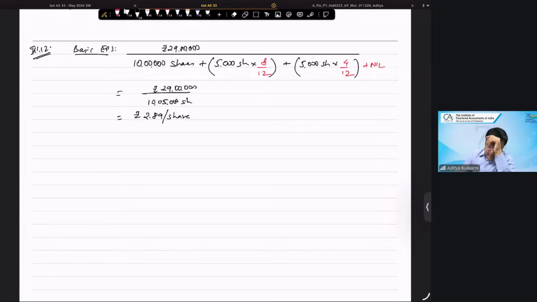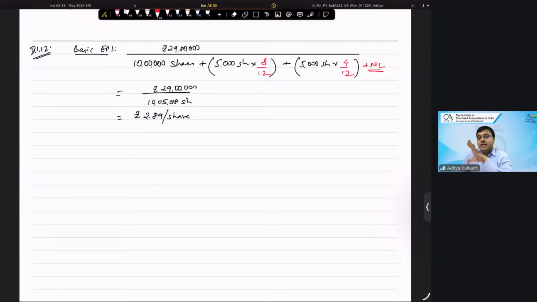Particularly for this nil, I hope we are clear, everybody, because tomorrow everybody will start asking: profit तो 29 lakh कमा लिया, फिर इसको zero कैसे पकड़ा? That will be issued in the next year because profit determination happens only in the next year.